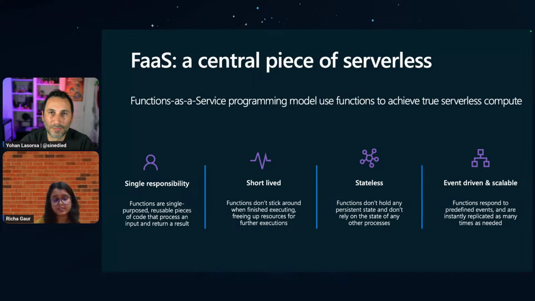It is triggered by events like file uploads or database inserts or queue messages. So this model is beautifully decoupled and massively scalable if you think about it. You write code in small units, you wire them up to different kinds of events, and the cloud takes care of the execution.